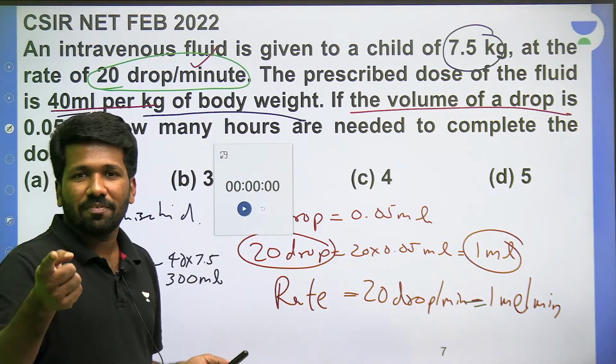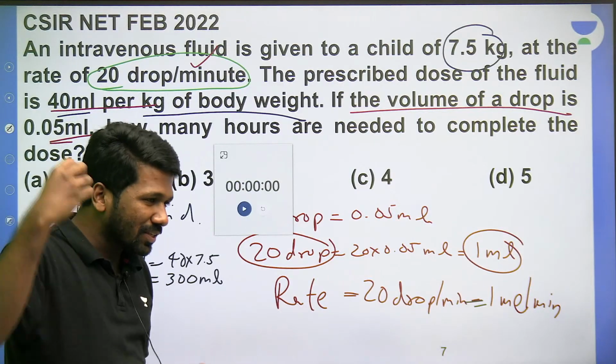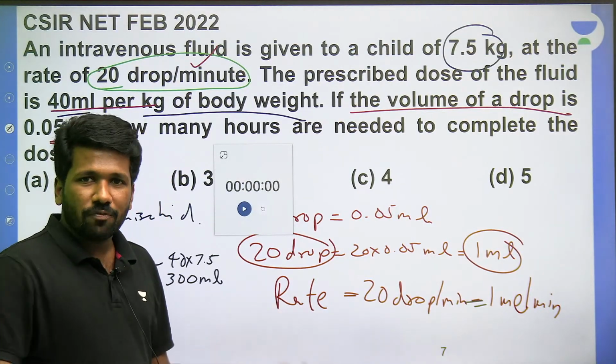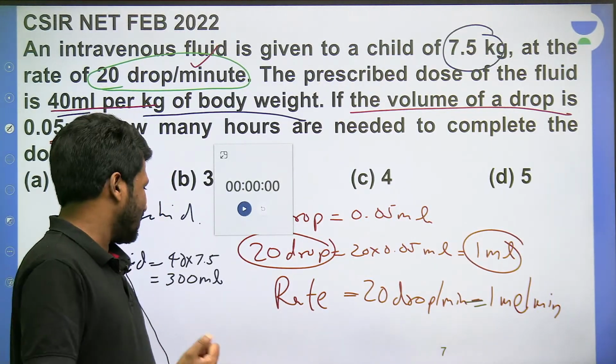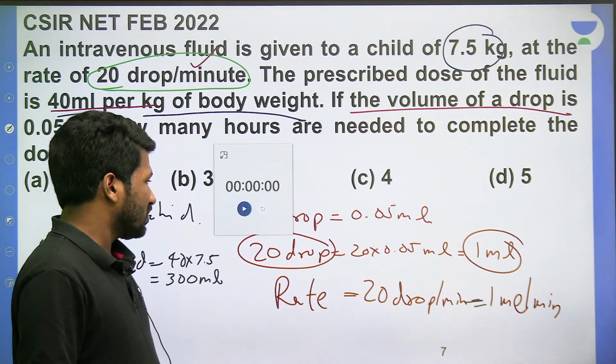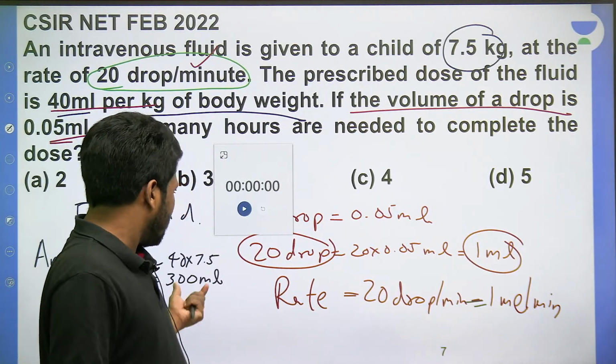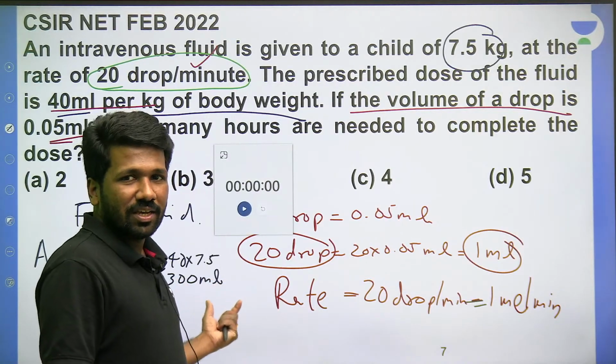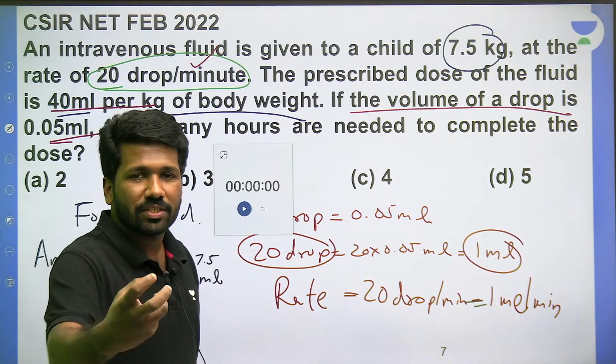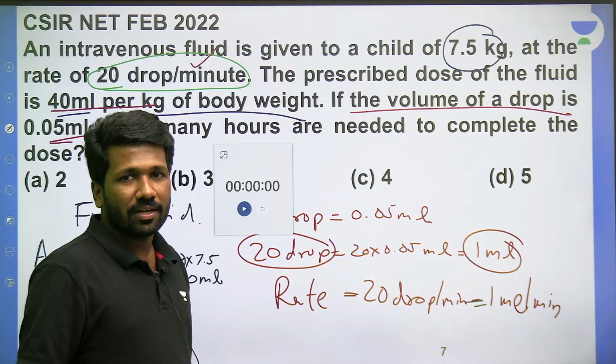Or like the previous question, if you want to unnecessarily use a formula, use the formula just like distance equal to speed into time. Time is equal to distance by speed. Here it is not distance, here it is amount of fluid given to the child.